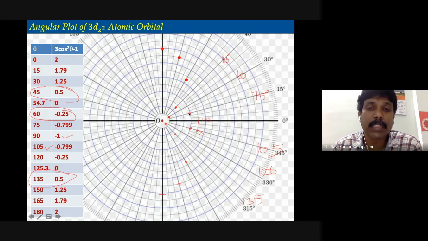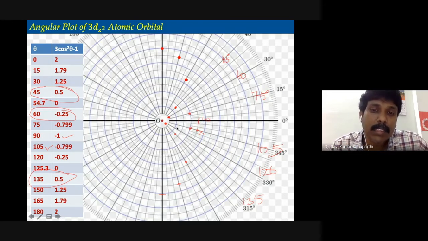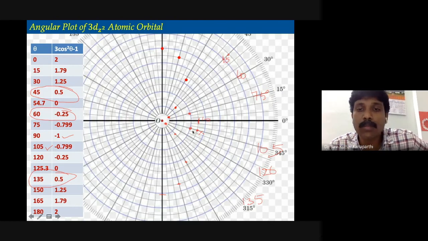It increases, and then at 75 degrees, it further increases. And then please remember, these values are negative, but we are only considering the magnitude and just marking the value. So we did that. Okay, and then when it becomes 90, it is maximum. Okay, negatively it is maximum.